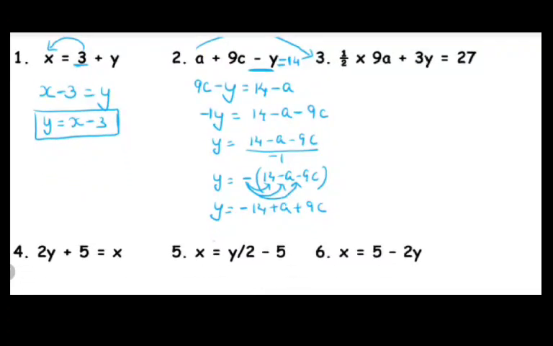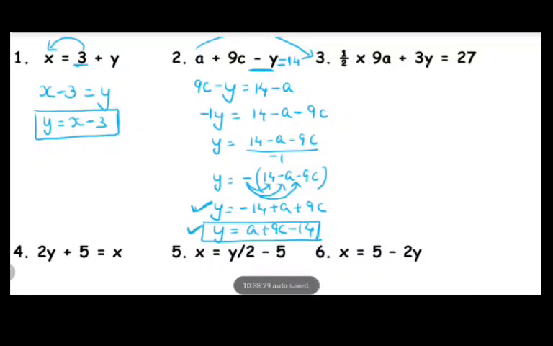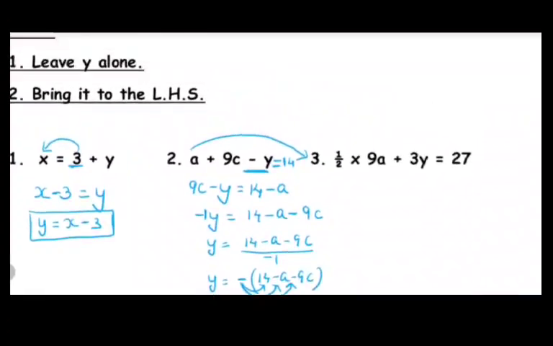Let me rearrange this again. So this is y is equal to A plus 9C minus 14. Here y has again become the subject. Children, this form over here is also good. I have just done this for my convenience, or maybe I feel it looks better that way. Let's move on to the next sum.